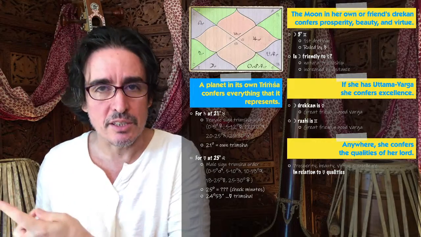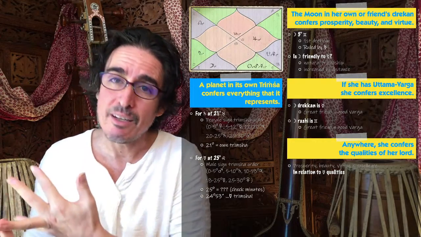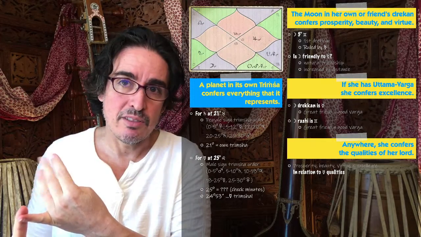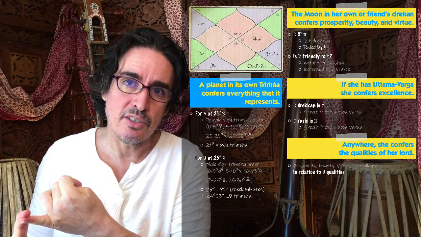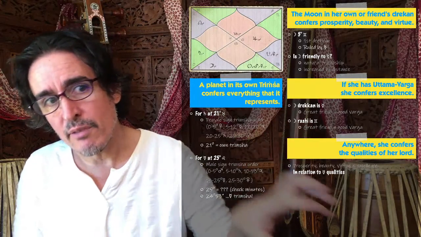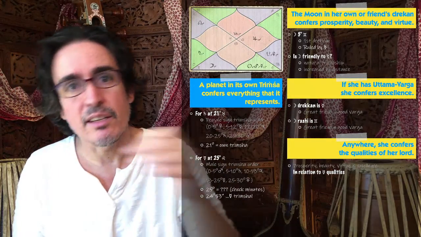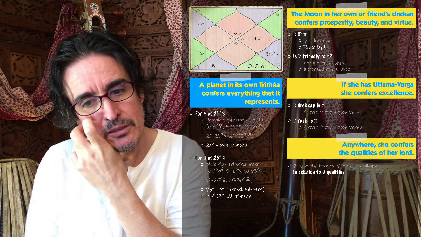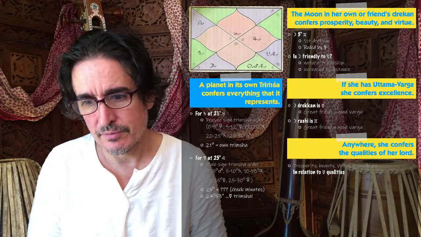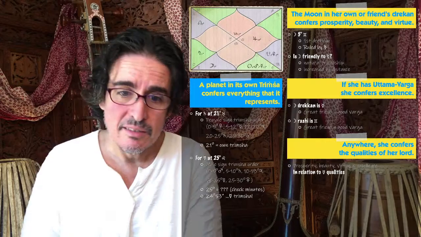Mercury is really about organization. Mercury is really about language skill. Mercury is really about symbolism and interchange and translation. Saturn is really about tenacity, long life, endurance, work ethic. None of the other planets are in their own Trimsha. Make sense?